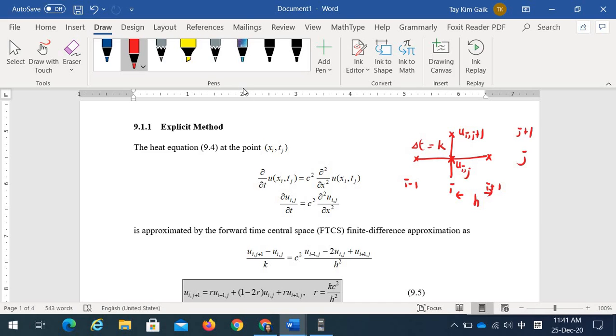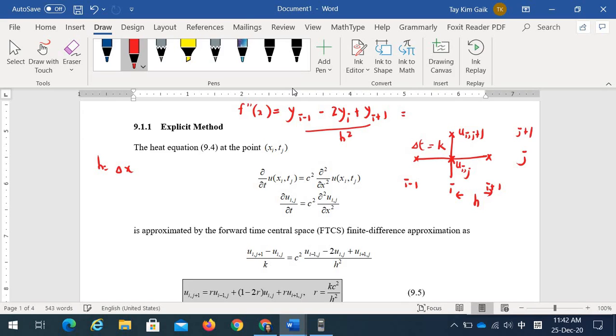Remember, for the second derivative, f double prime x, the finite difference approximation is given by y_i minus 1 minus 2y_i plus y_i plus 1 divided by h squared. h is actually the delta x.